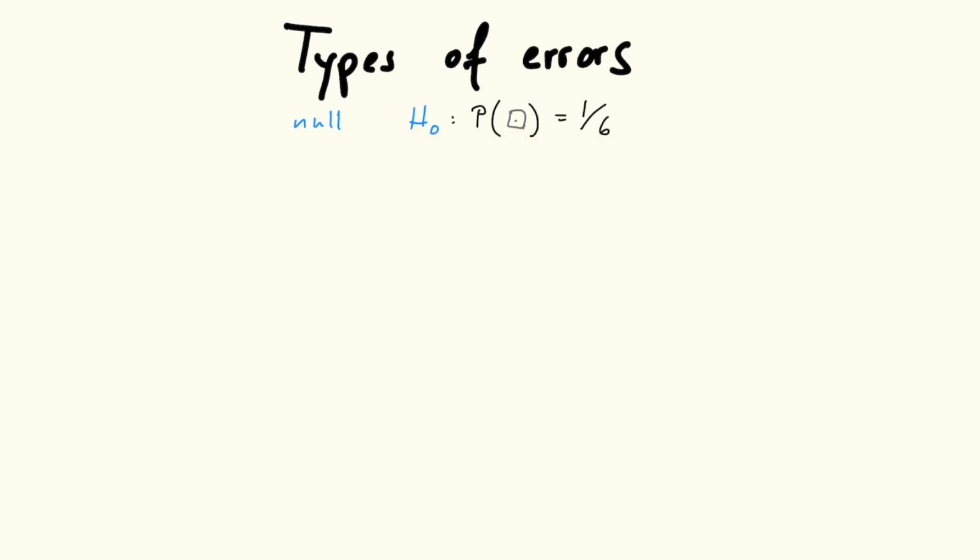We suspect that our friend may be cheating. We only adopt the null hypothesis in order to generate evidence against it. If you want to be flippant about it, we are only going along with this assumption in order to show how ridiculous it is. So what we really believe is that the probability of rolling a 1 is different from 1 over 6. This hypothesis is called the alternative hypothesis.